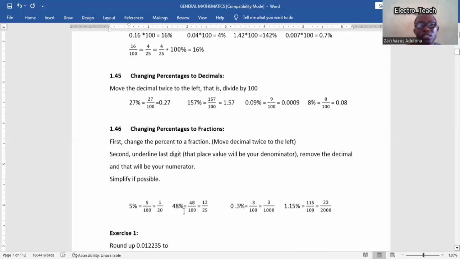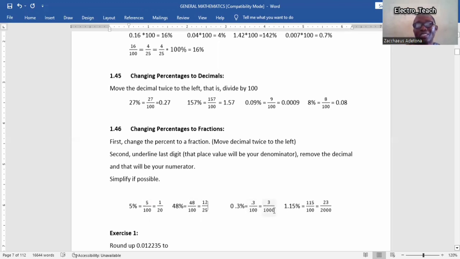Now for 48%, for instance, it will be 48 divided by 100. If you simplify it, you divide through by 4. 4 in 48 is 12, 4 in 100 is 25. That would be 12 over 25. That's 48%. The same thing, 0.3% will give us 0.3 divided by 100.